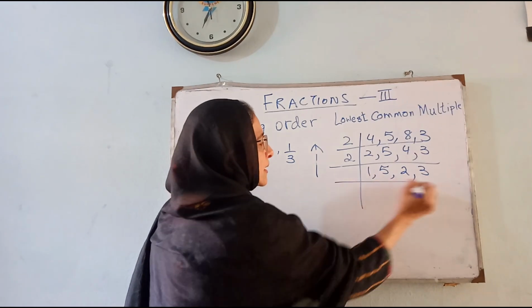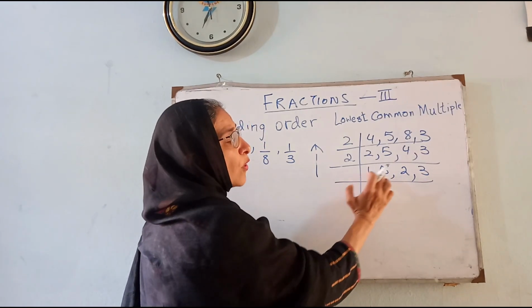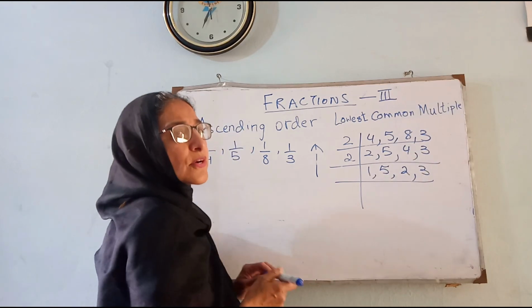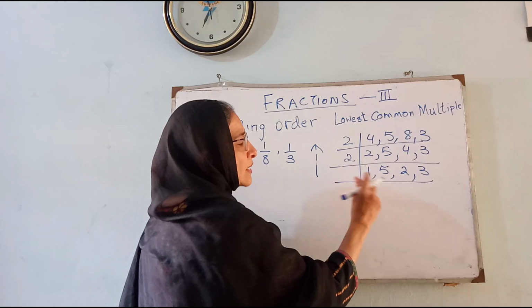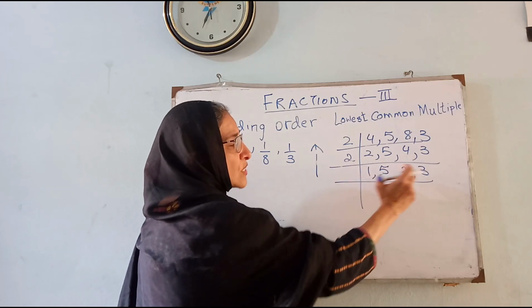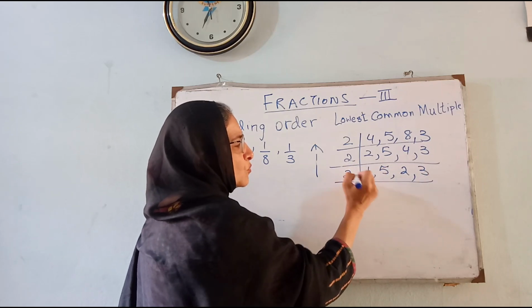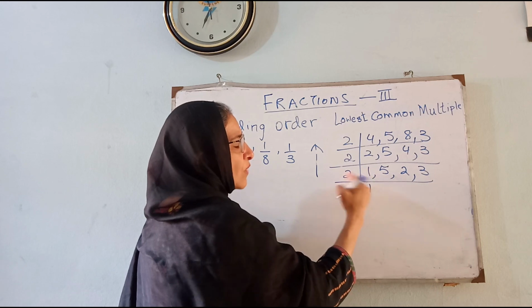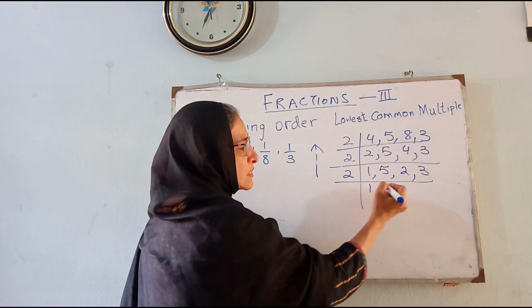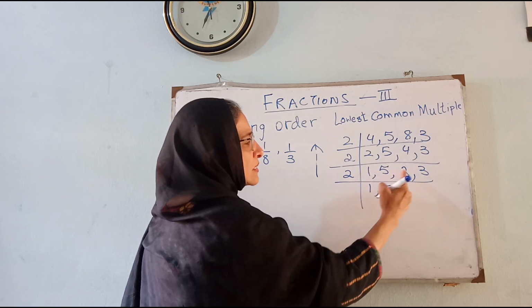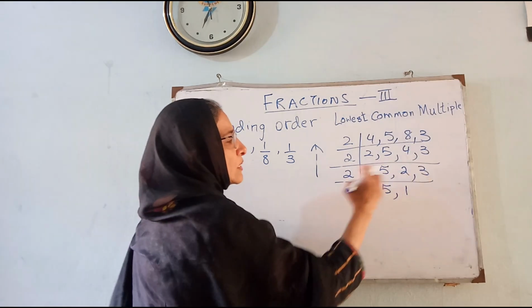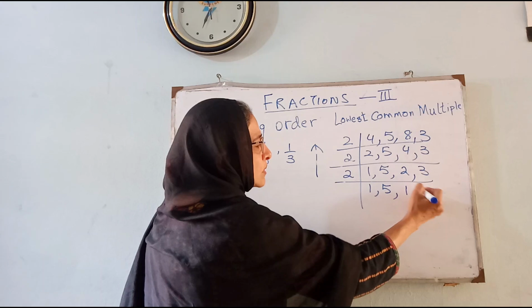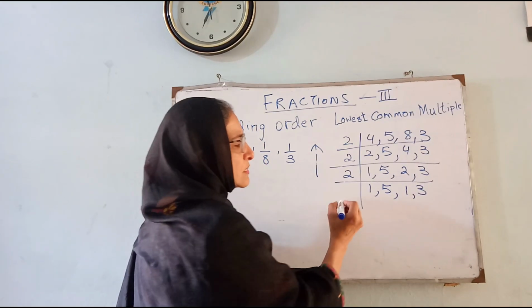Next, in the next line you can see that all the numbers are coming in different tables. So I can ignore the 1 and start with the lowest number, which is 2, and divide. 1 is going to come as it is, 5 is going to come like this, 2 divided by 2, my answer will be 1. 3 divided by 2, we cannot, so 3 comes as it is.